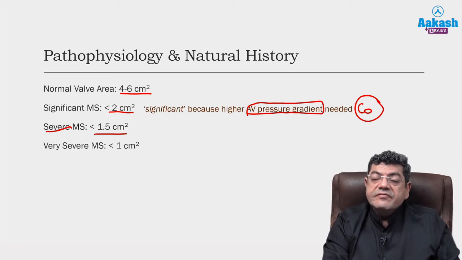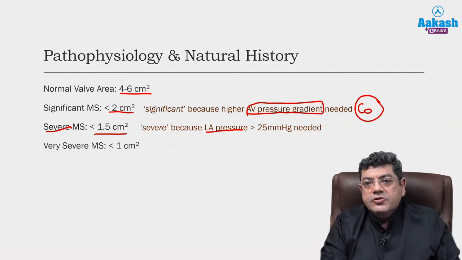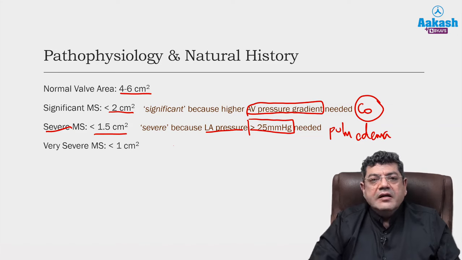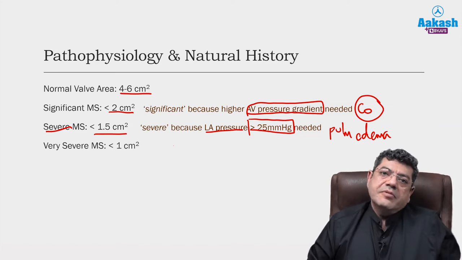What happens when there is severe stenosis is that at rest, the left atrial pressure needed to maintain cardiac output is more than 25 millimeters of mercury. At this pressure, what happens is pulmonary edema, right? So often these patients come with sudden hemoptysis.